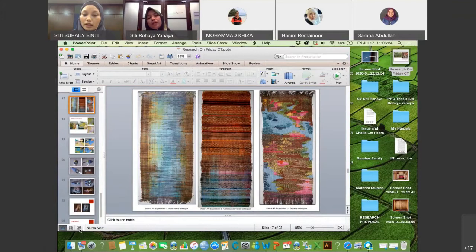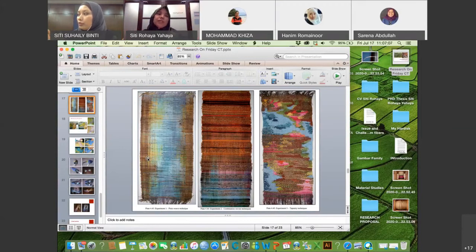So what percent of EFB did you put? 60% from EFB yarns and 40% from synthetic yarn, which is a cotton yarn and also polyester yarn. For the warp, I use synthetic. For the weft, I use EFB and the combination with the synthetic.